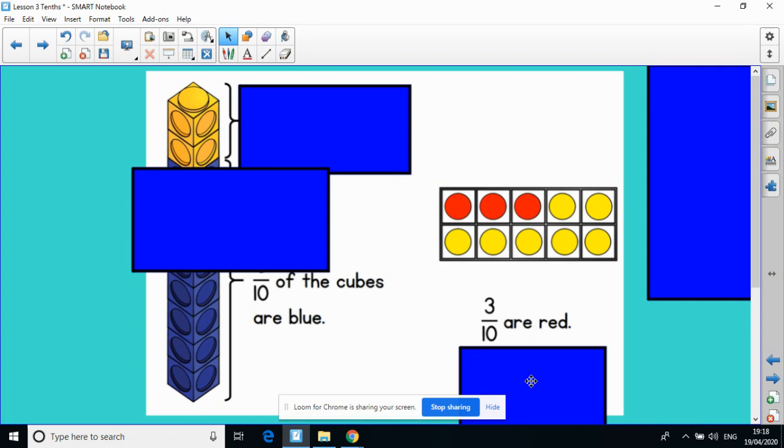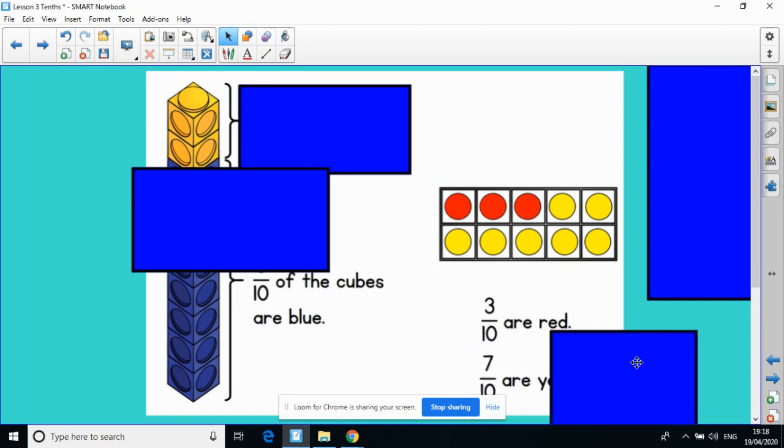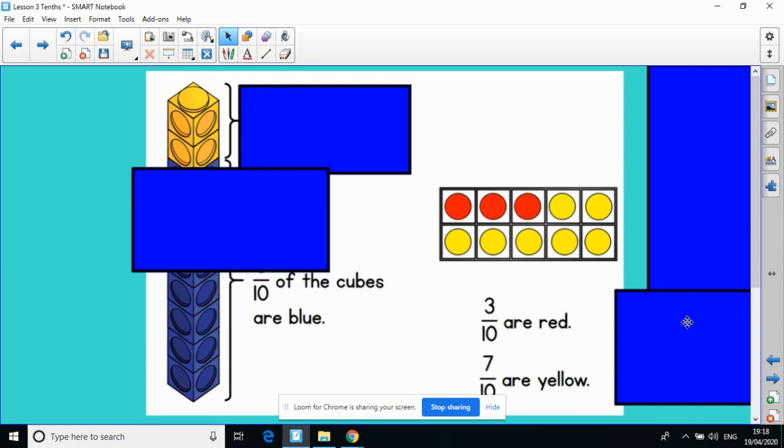How many of the counters are yellow? That's correct. 7 of the counters out of 10 are yellow. 3 tenths are red, 7 tenths are yellow. 3 tenths add 7 tenths makes 10 tenths. There were 10 whole counters.